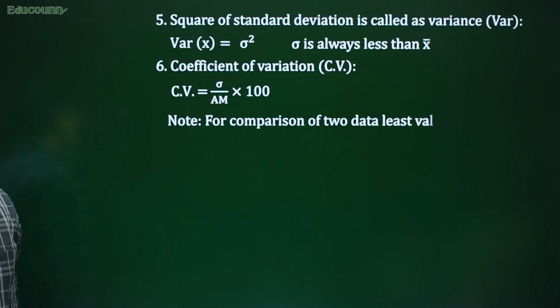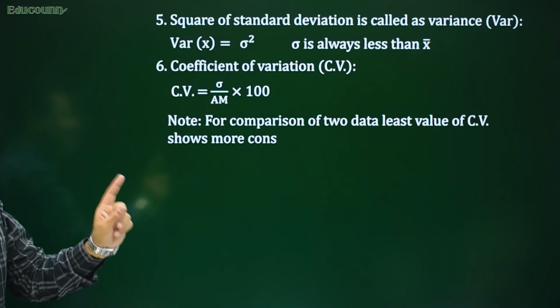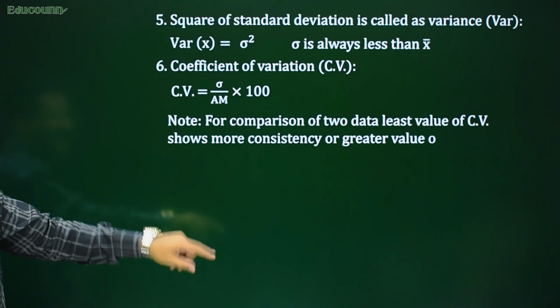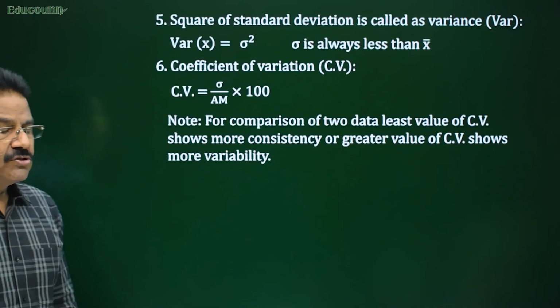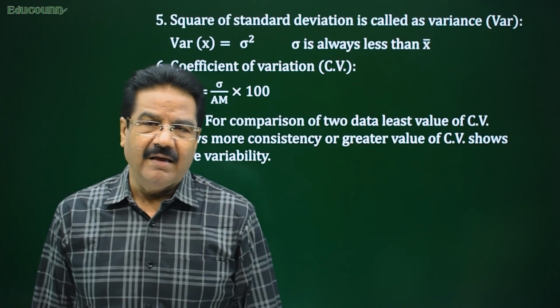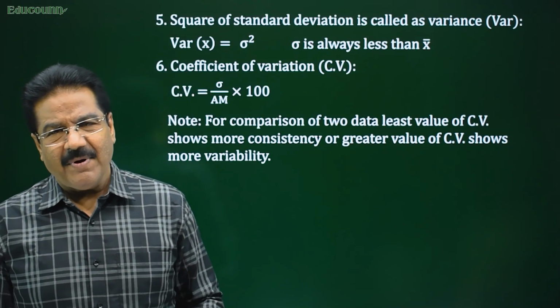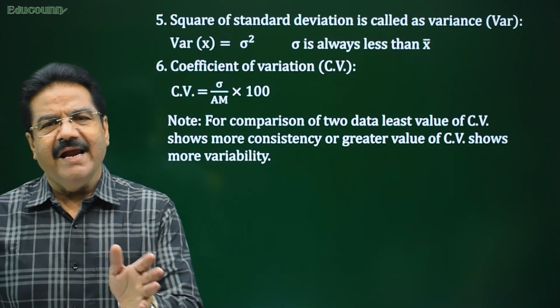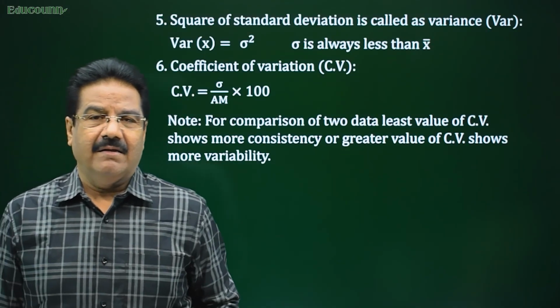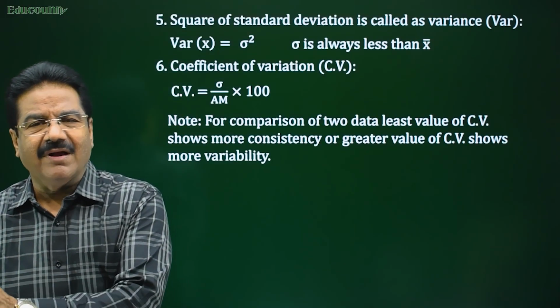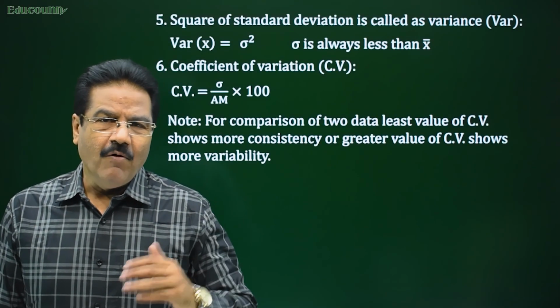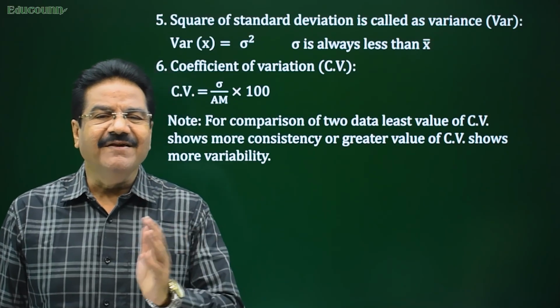For comparison of two data, the least value of CV shows more consistency and the greater value of CV shows more variability. You can have an example of this type when the data of two batsmen are given and the question is to find out which batsman is more consistent. How can we find out? By finding out CV.